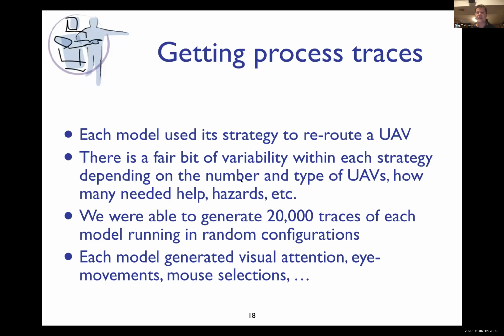They're moving around, and different types, and everything needs different amounts of help. So what we're able to do is generate a relatively arbitrary number of traces of each model running in different random configurations. And the output, the important part for us here, is that each model is able to generate visual attention, eye movements, mouse selections, etc., based on what it was doing at some level.